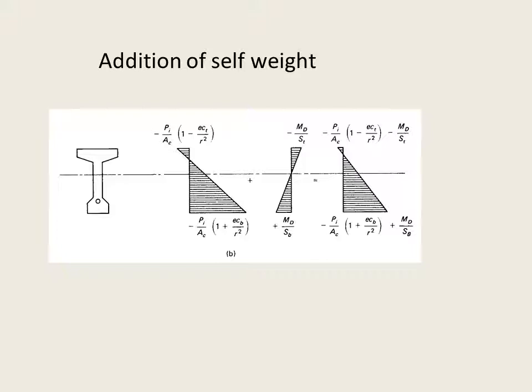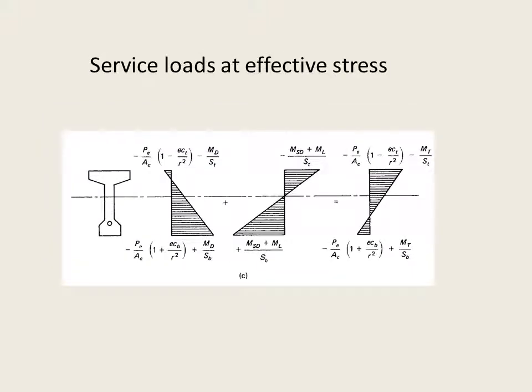Then you add them up, it will narrow at the top, and at the bottom it will also narrow because of different signs, compression and tension. Then fast forward, we have this.